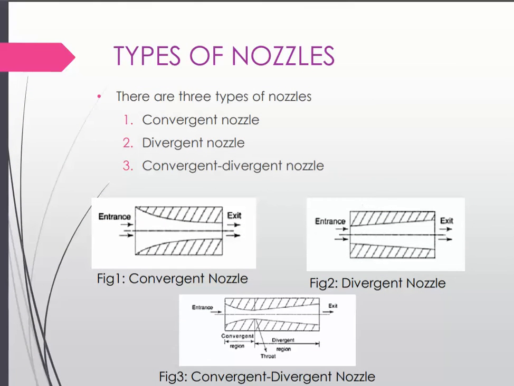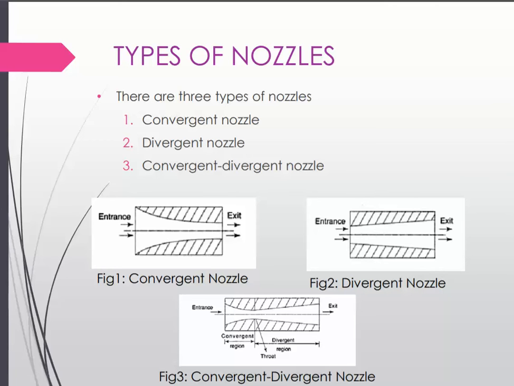We have three types of nozzles. First is the convergent nozzle, second is the divergent nozzle, and third is the convergent-divergent nozzle. A convergent nozzle has a large entrance and small exit, by which it will enhance the flow of the steam, water, etc. passing through it.